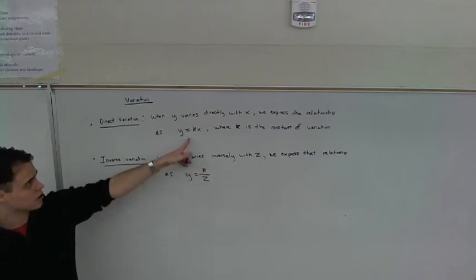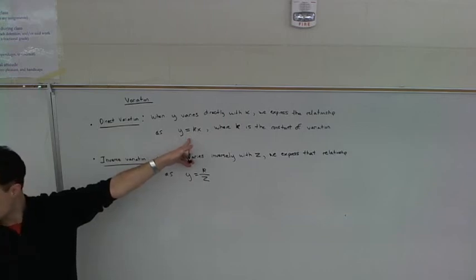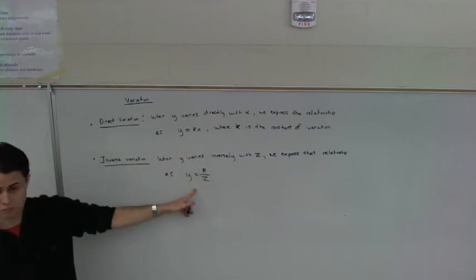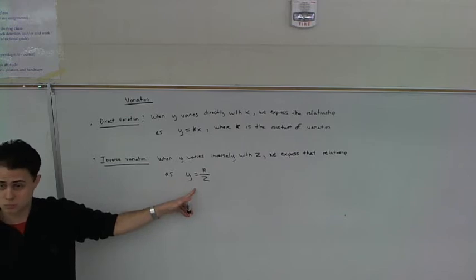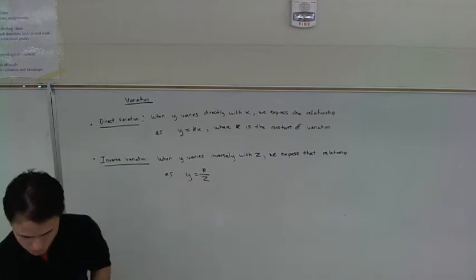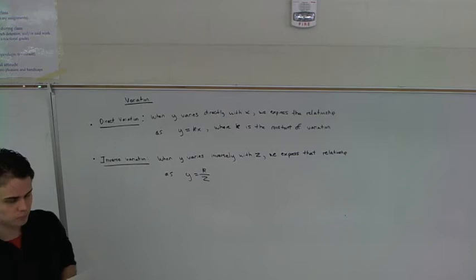So this up here as a graph would be like a line, right? This as a graph would be, I don't know, yet. We're going to see what it is though, this first problem.